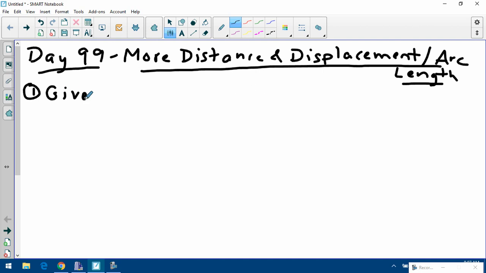Given v of t, so the velocity, is equal to 2t squared minus t minus 6 for t greater than or equal to 0.